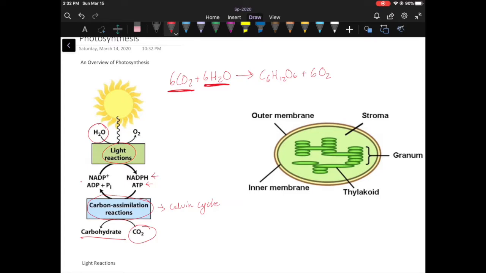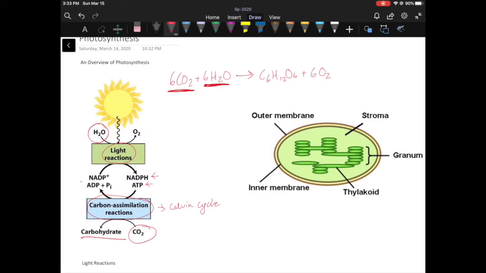It's important to note that the dark reactions don't mean that it occurs at night. It can occur during sunlight as well, but it does not need the light to occur, as the light reactions need the photons from light. But also it's important to note that without the light reactions, the carbon assimilation reaction of the Calvin cycle will not proceed for a very, very long time.